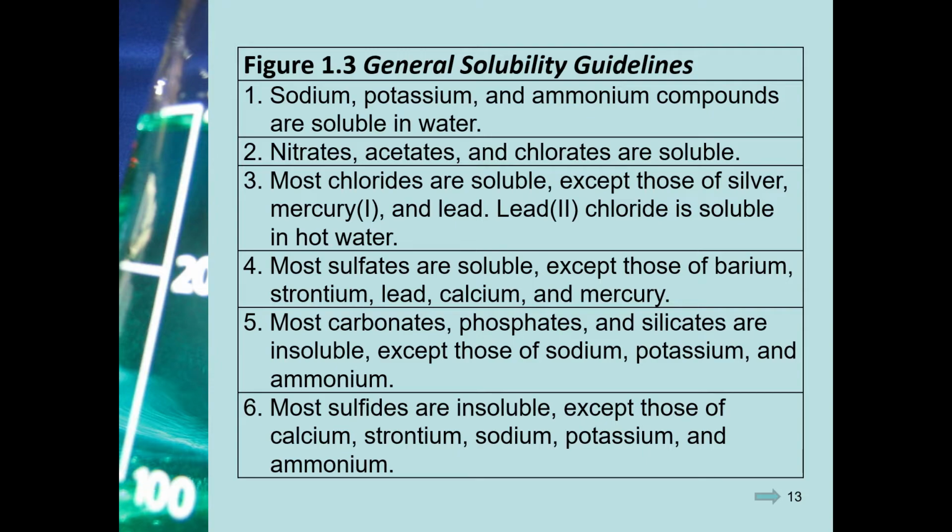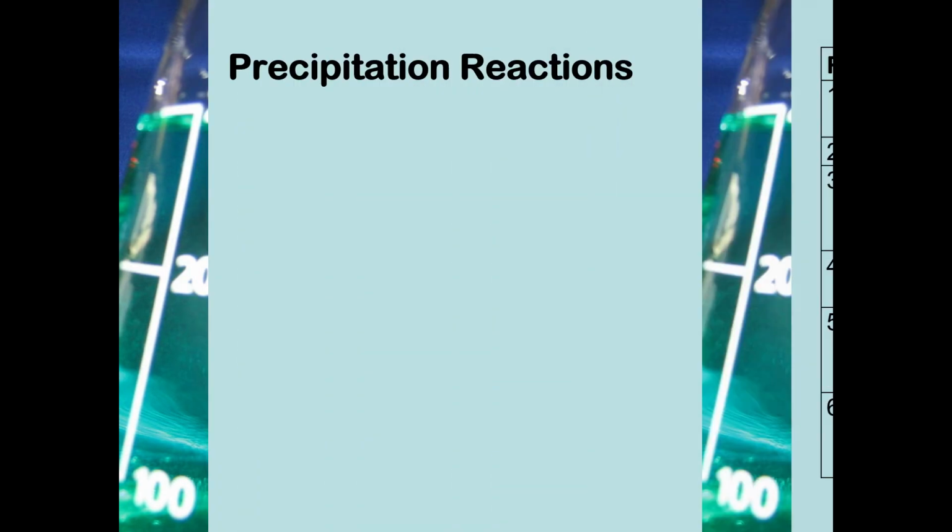If it's not one of sodium, potassium, or ammonium, then it is insoluble, as it says. Number 6, most sulfides are insoluble except those of calcium, strontium, sodium, potassium, and ammonium. So for instance, calcium sulfide would be soluble.